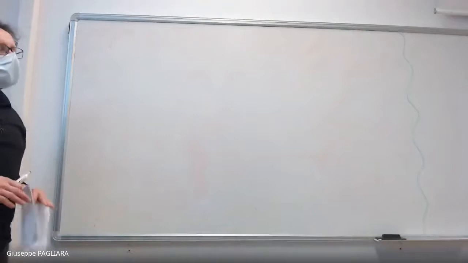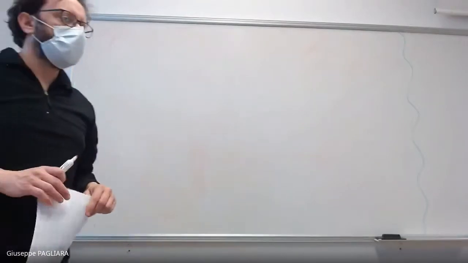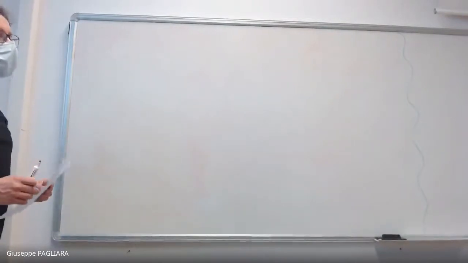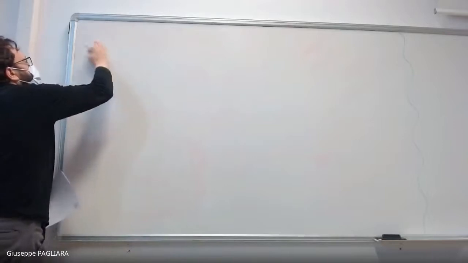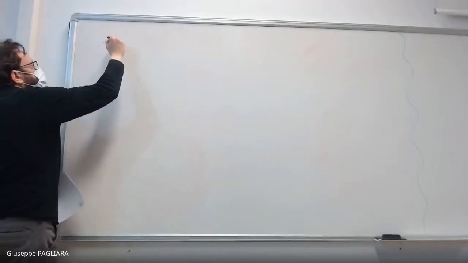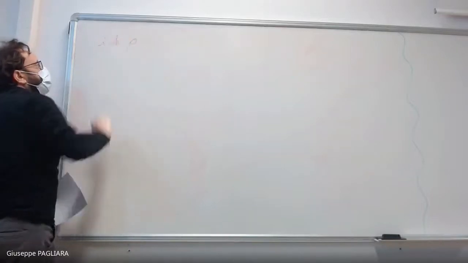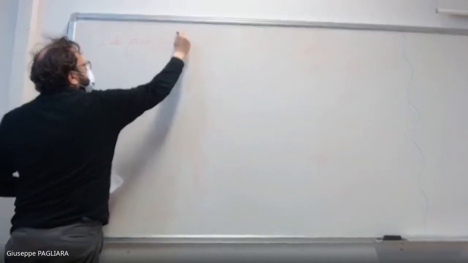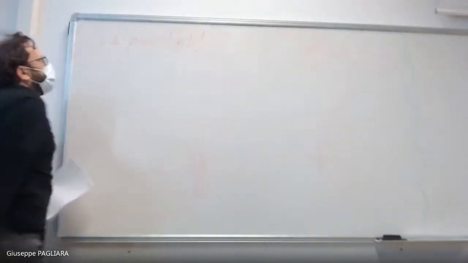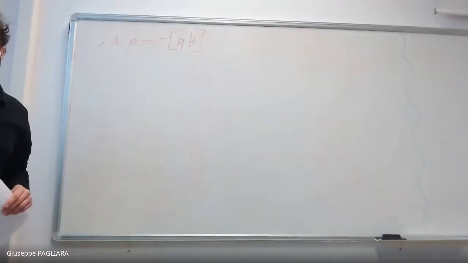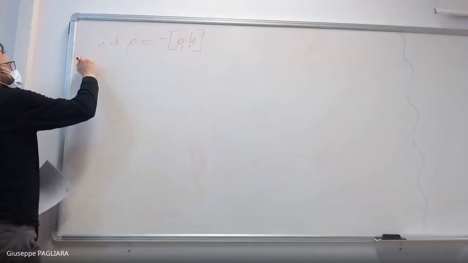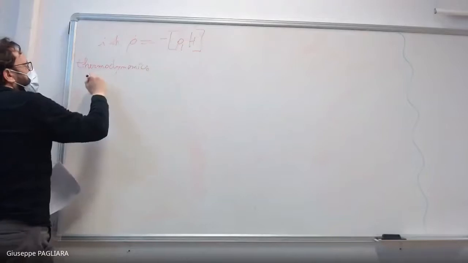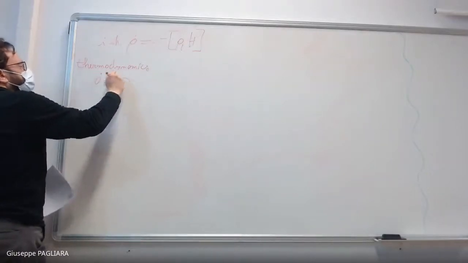Now what we are going to do instead is to work in a more useful basis, which comes from the fact that we have derived an equation for the density matrix, rho dot equal to minus the commutator of rho and H. For thermodynamics, so in equilibrium conditions, we have a stationary situation of rho dot equal to 0.